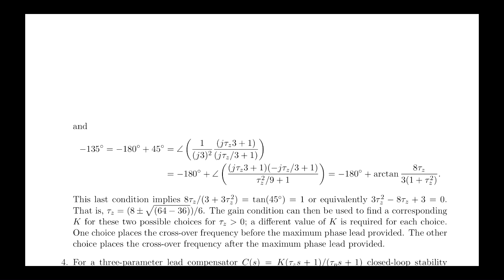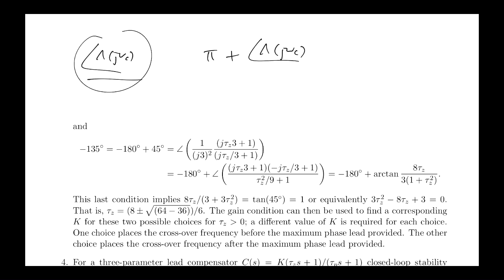All right. The other part of the specification says we want a phase margin of 45 degrees. The phase margin is about the phase of the open loop transfer function at the crossover frequency, right? And in fact, the phase margin will be, if this is in radians, pi plus the phase. We're measuring how close this is to minus pi.